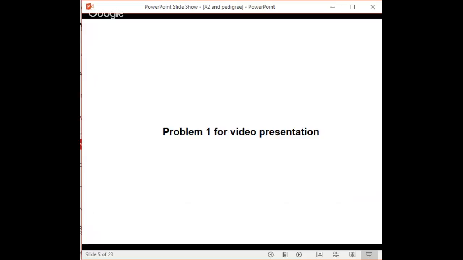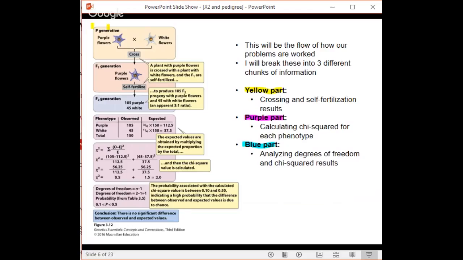So let's go into a quick, more conceptual example of this, and then we'll go into a detailed example. The flowchart we'll be using is a good general layout of how problems like this will go. I'm going to break this flow chart into 3 parts.